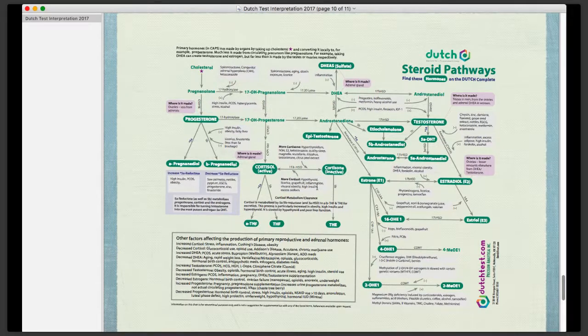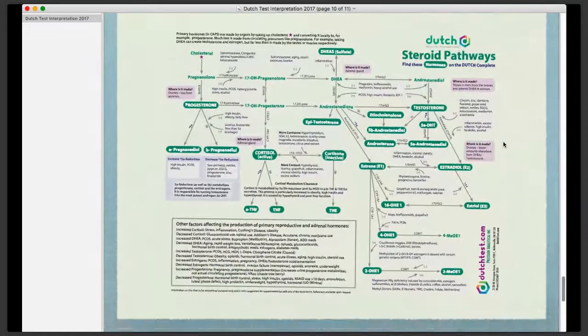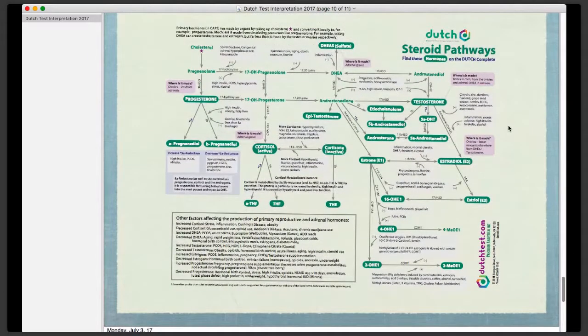You might have more belly fat here. How you metabolize it also shows something. Again, there's a lot of information here. Usually when we go over this test, I do not spend time looking at this, but this is for your own information. You will receive this when you get the call.